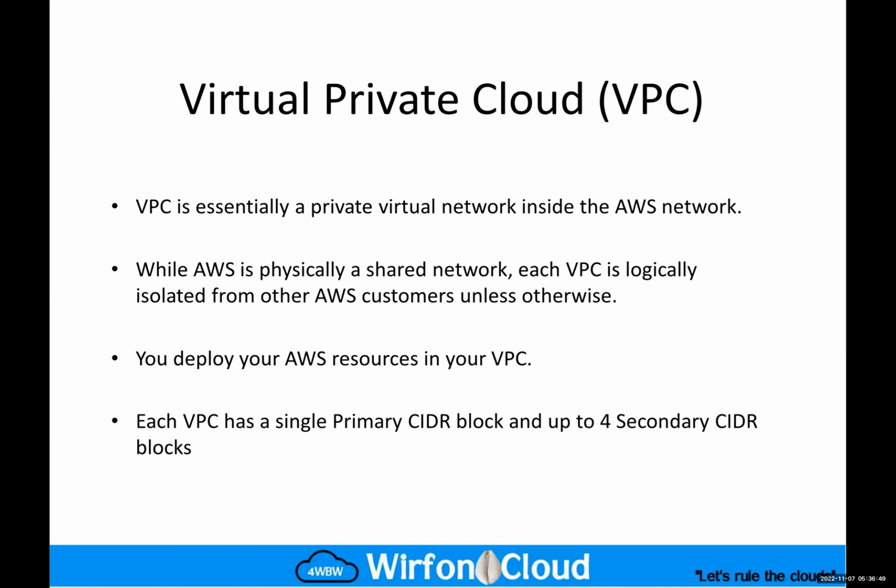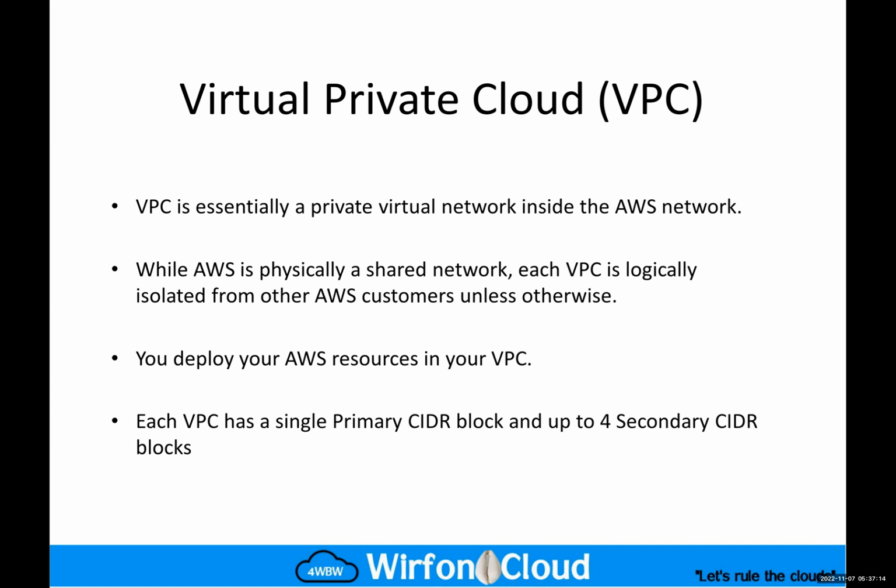So while AWS is a shared network, the network that supports this is a physical shared network. What you're actually creating is just a logical partition, as we saw last week that a network can be a connection of several networks.